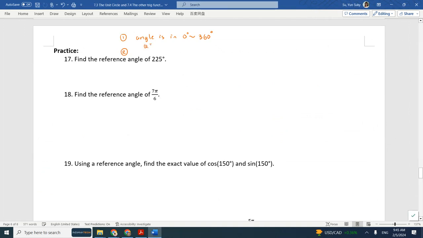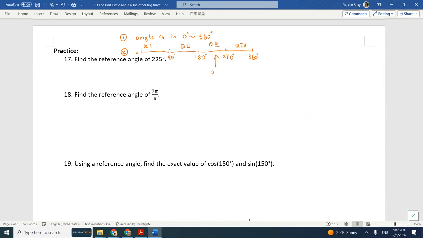Quadrant 1 is from 0 to 90 degrees, quadrant 2 is from 90 to 180, quadrant 3 is from 180 to 270, and quadrant 4 is from 270 to 360. Now tell me, 225, which quadrant does it lie in?